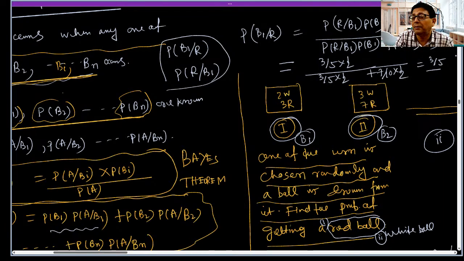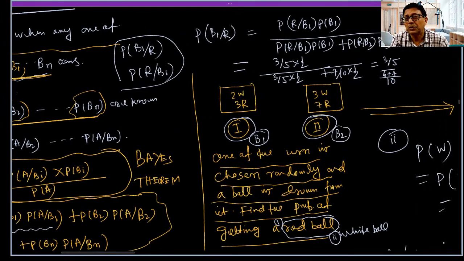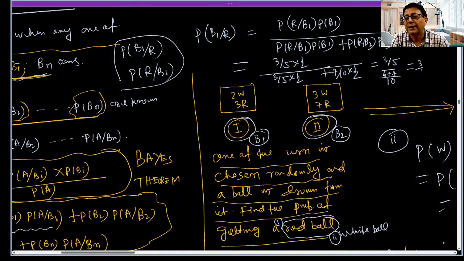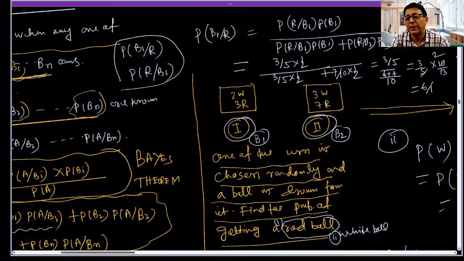So the halves get cancelled, the denominator is 10. So there will be 6 plus 7. Clear? So this will be 3 by 5, 10 by 13. 6 by 13. Clear? This is the answer.